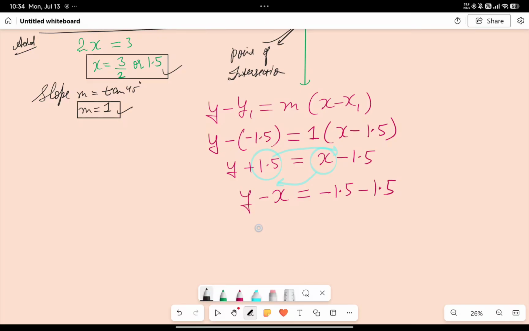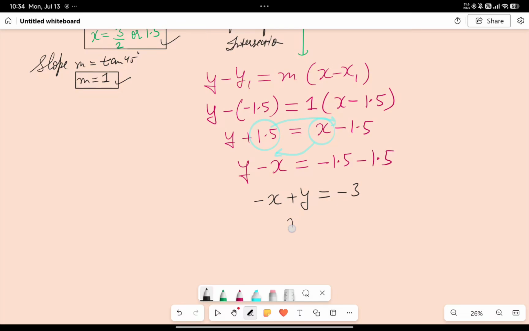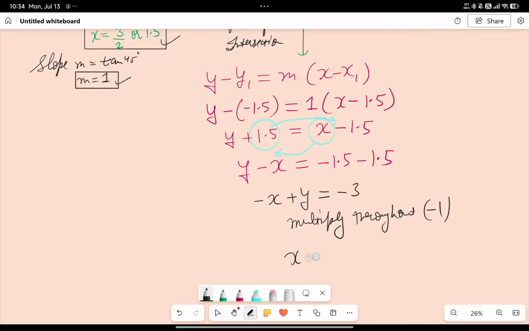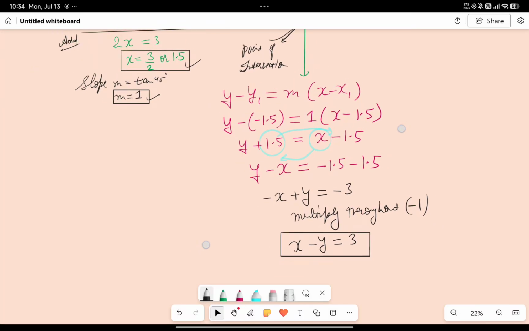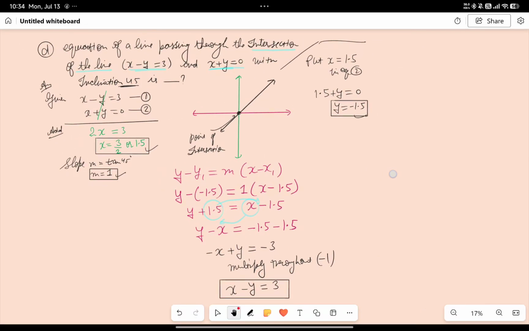Now rearranging it, multiply throughout by minus 1, x minus y equals 3. This is the final answer. Now I hope you have understood this question well.